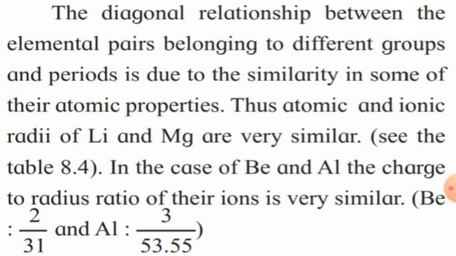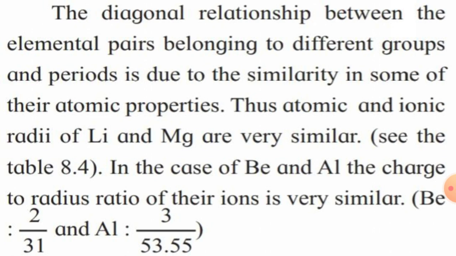So here students, the diagonal relationship between the elemental pairs belonging to different groups and periods is due to the similarity in some of their atomic properties. Fine. What is the reason behind it? The reason behind it is their similarity in some of their atomic properties. Thus, the atomic and ionic radii of lithium and magnesium are very similar.